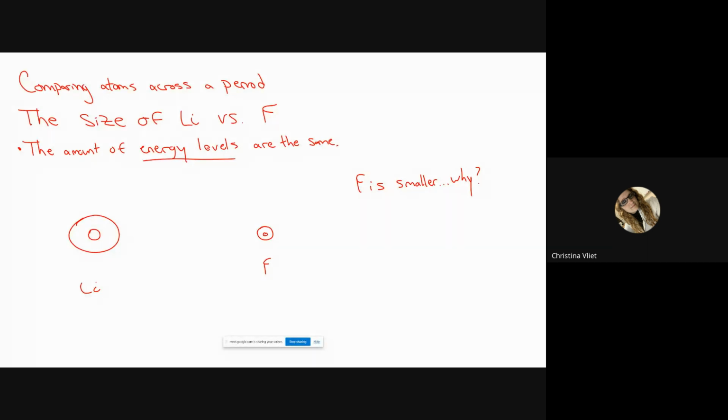So here's the deal, and you're going to want to write it here. Lithium has 3 protons for 2 energy levels of electrons, right? Whereas fluorine has 9 protons, which means for the same amount of energy levels that hold electrons, lithium's nucleus is pulling with a force of positive 3, whereas fluorine's nucleus is pulling with a force of positive 9 on its electrons.